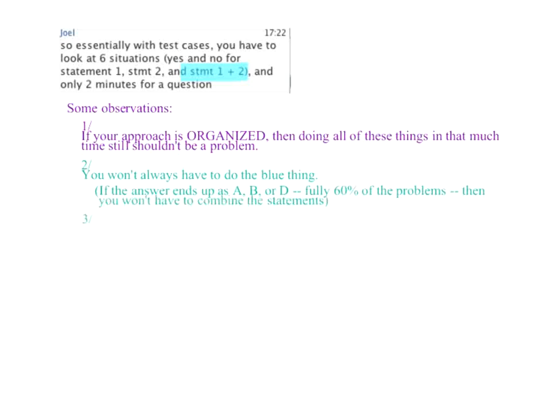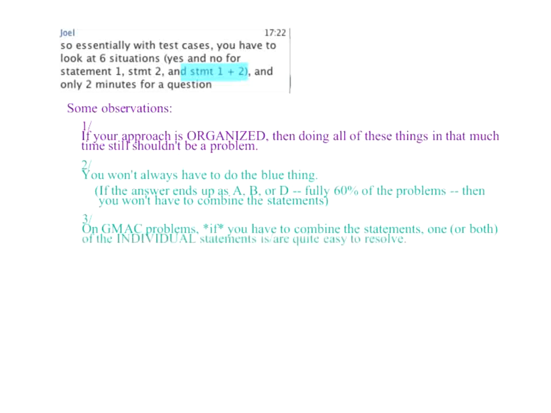Also, one thing you'll notice about these problems is they are kind of nice to you in the sense that on GMAT problems, if you have to combine the statements, one or both of the individual statements, which you have to do first, is or are usually quite easy to resolve.